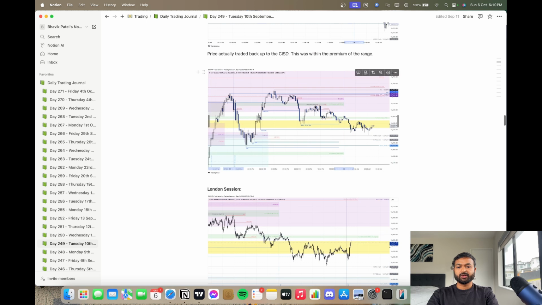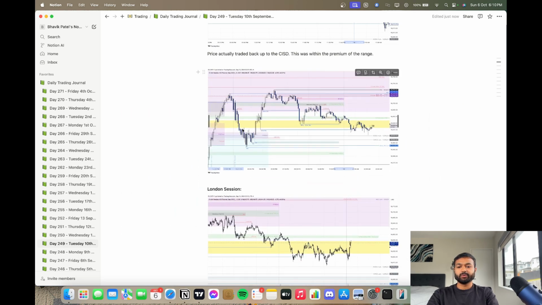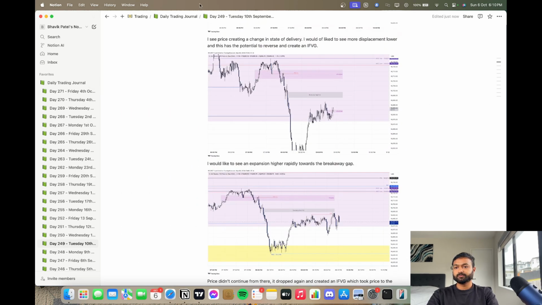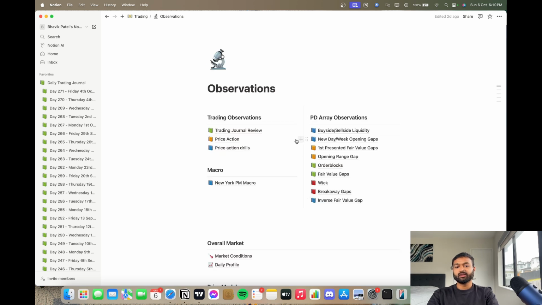If I saw something like this green box here, a new first presentation fair value gap from the PM session, I have no way to refer back to it because it's just in a journal. So now I will have to start putting all of my observations into here. I can give you an example of how each page looks.